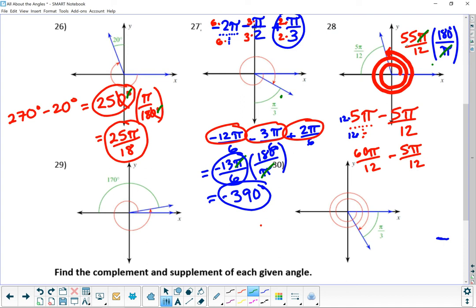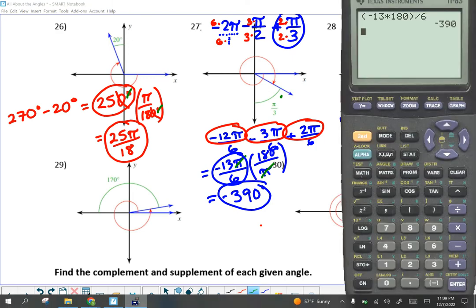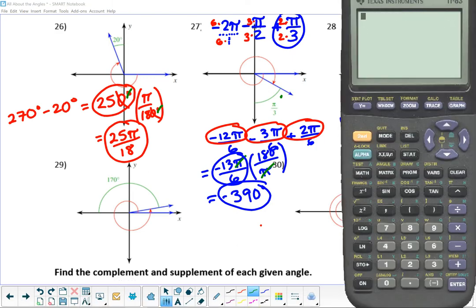So in my calculator, I'm going to do 55 times 180 divided by 12. I'm going to put that in parentheses. 55 times 180 divided by 12. And I'm pretty sure if you don't put parentheses, it'll still be correct. Let's just check it out. 55 times 180.